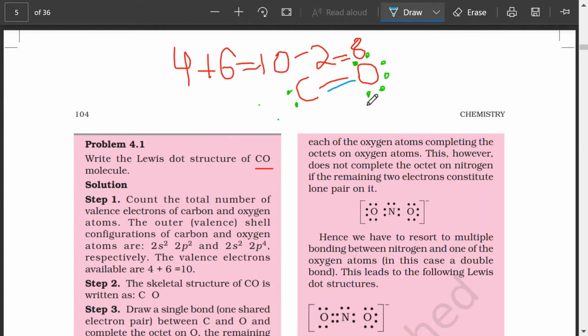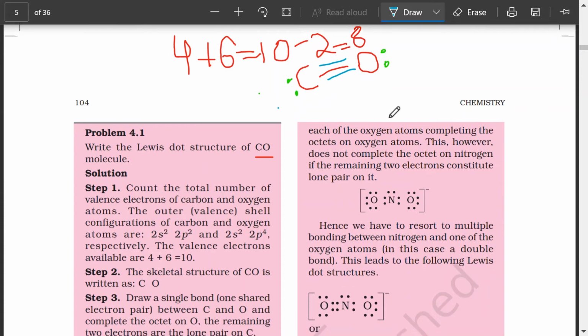Now we can also go further and form a triple bond. Now both the atoms are getting stability. Oxygen got stability, and carbon also got stability. Look, carbon got 8 electrons, and oxygen got 8 electrons.